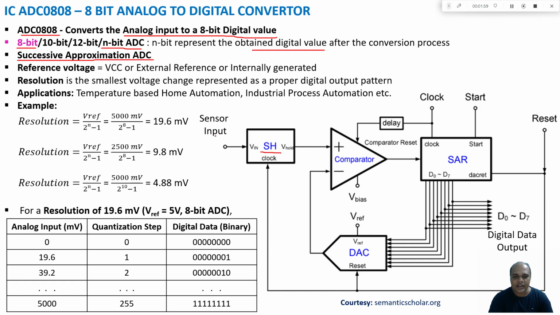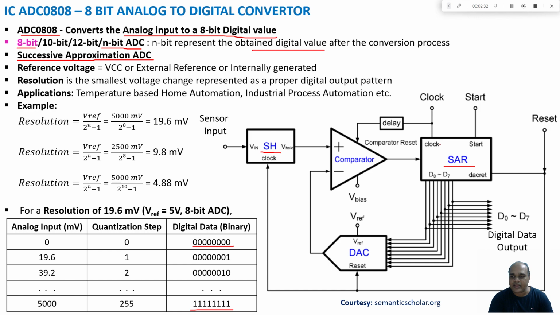The sensor data is given as an input to your sample and hold circuit, and the samples are selected and the sample voltage comes as an input to your comparator. Then we have a successive approximation register which holds the combination of binary bit patterns. Since it is an 8-bit ADC, we will have a combination from 8 zeros to 8 ones.